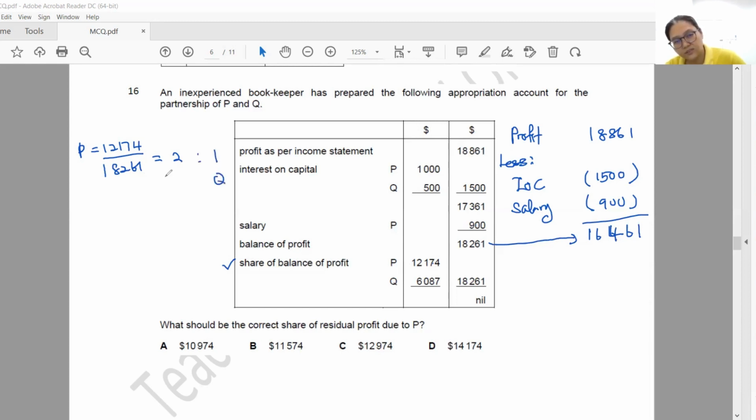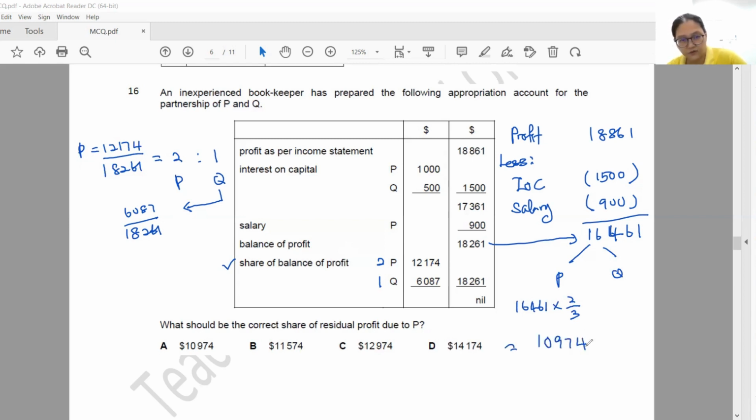This is P and this is Q. So the ratio is 2 to 1. Using the ratio that we know from here, we put in the correct amount, which is 16,461 times 2 over 3. So we get 10,974, which is the answer.